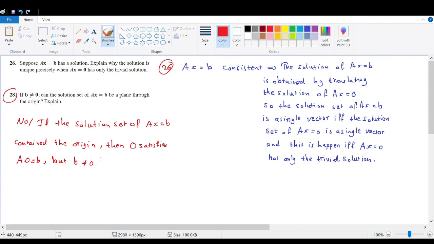Which gives us that this statement is false. We cannot say that the origin is in this set when b is not equal to 0. So I think it will be enough until here. From here we conclude that the origin cannot be in the solution set whenever b is not equal to 0.